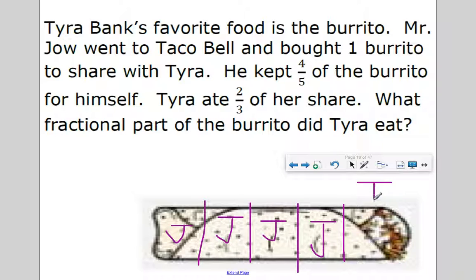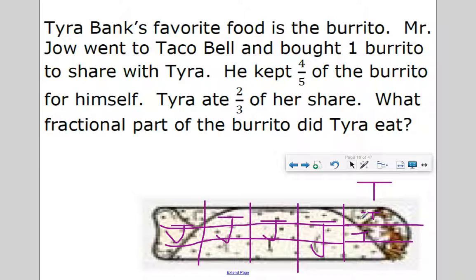Tyra only ate 2/3 of that share. What fractional part does she eat? So, if we divide it, cut this this way, she ate this part and this part. So she ate 2 out of 15 parts.